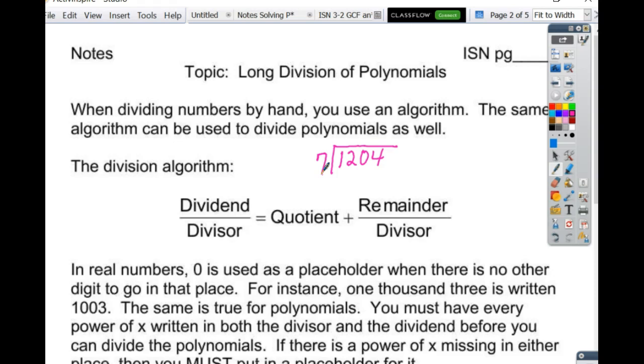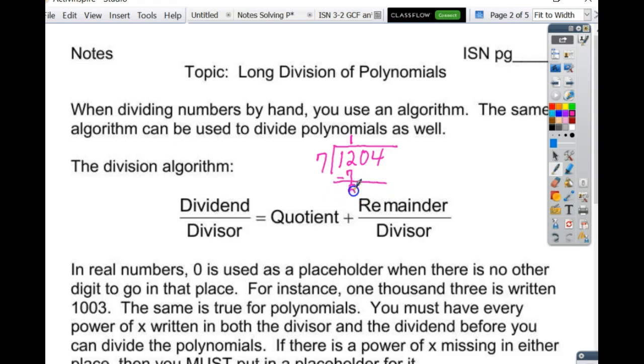So we start this, 7 goes into 12, how many times? Once. And then what do I do from there? Because I take 1 times 7, right? And that gives me 7, and I change the sign and subtract.